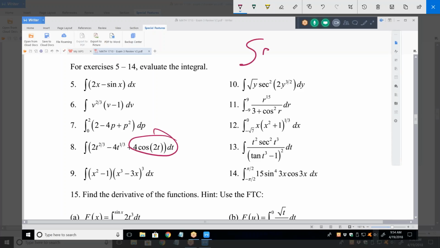What's the integral of that? That would just be sine 2t. Right. We have to divide that by the derivative of the inside. The inside in this case is that, so you've got to divide it by 2. And those 2's do not cancel one another.